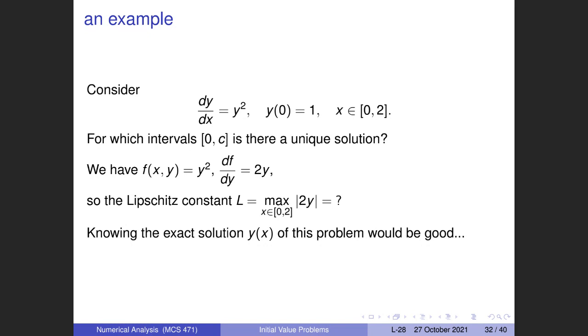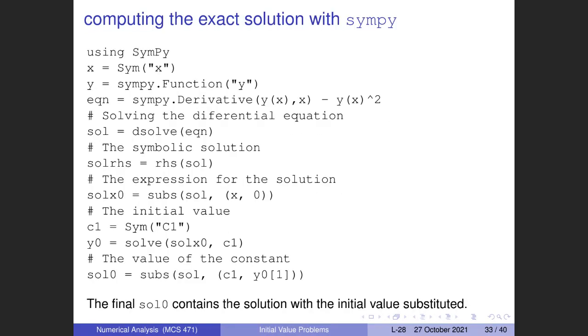But note that y depends on x. So let's compute the value. For which x values in the interval 0, 2 is there a unique solution? We need to know the exact form for y.